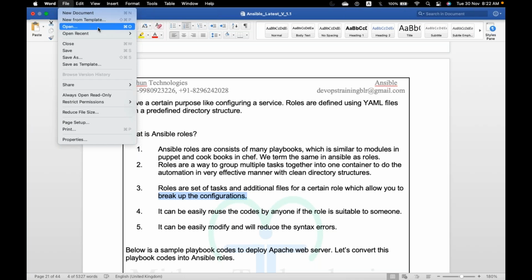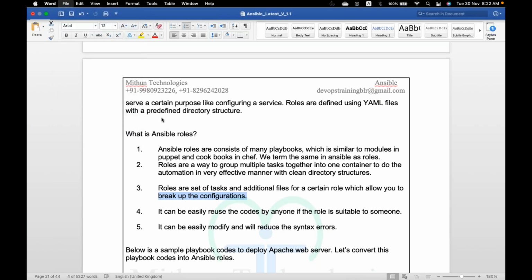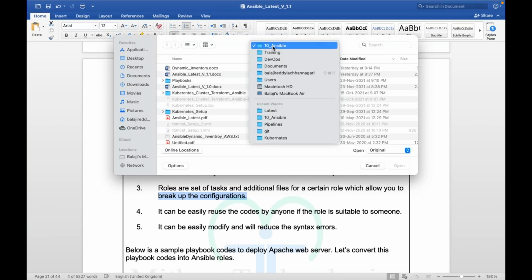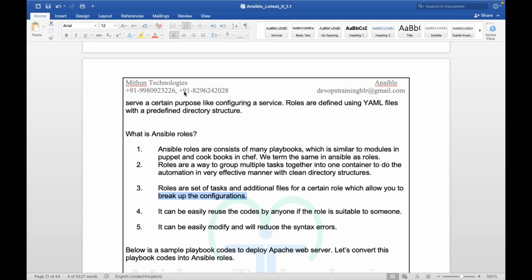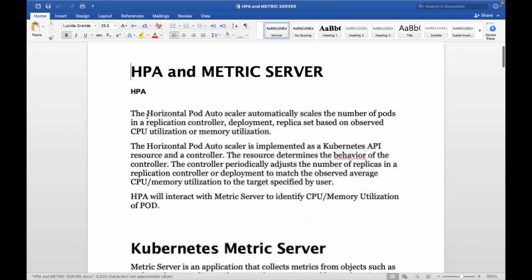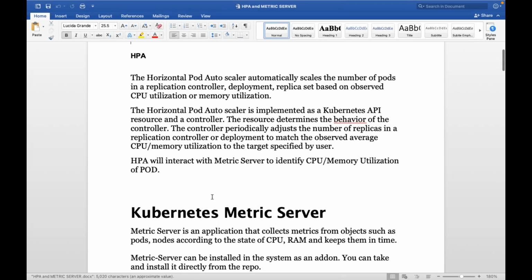Let me open the document. So we need to have a metric server, right?